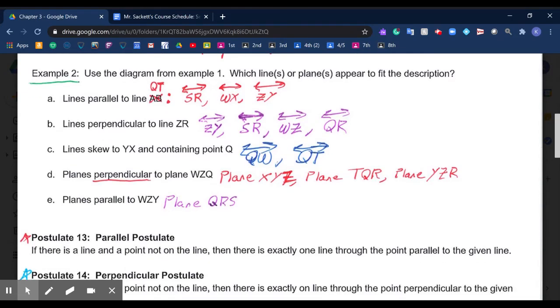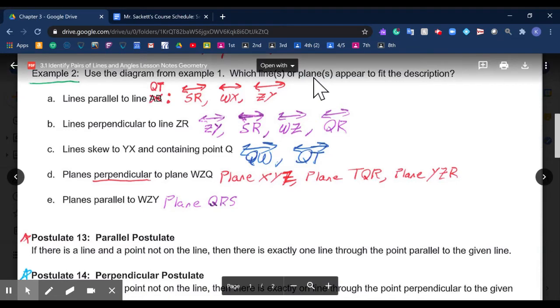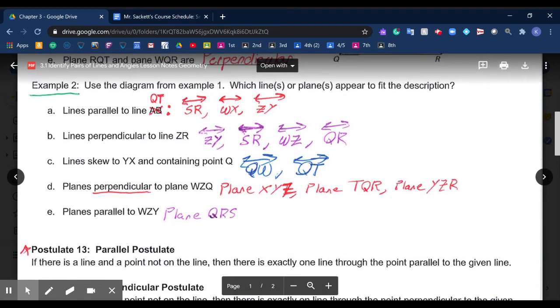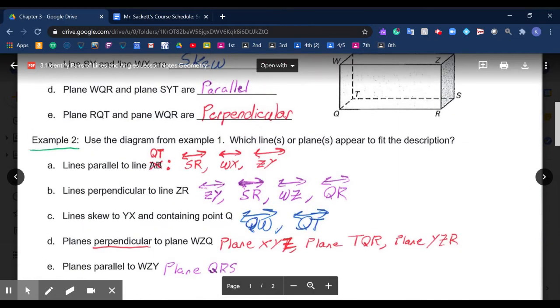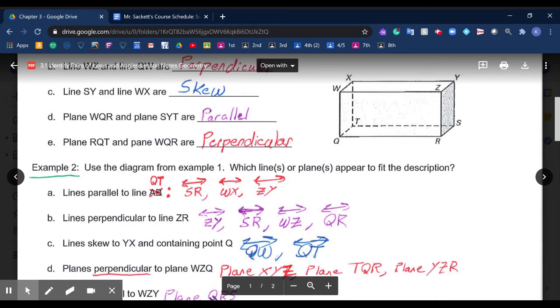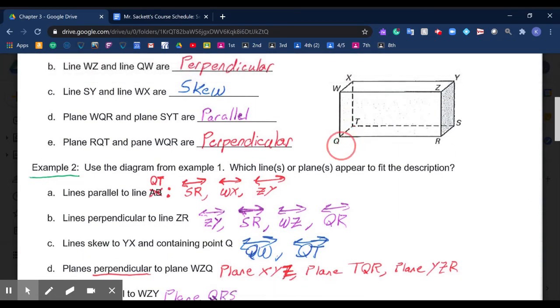Then in example 2, use the diagram from example 1. Which lines or planes appear to fit the description? In part A, we're looking for lines that appear to be parallel to QT.